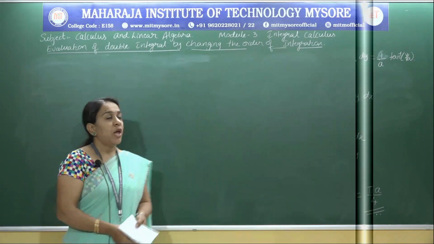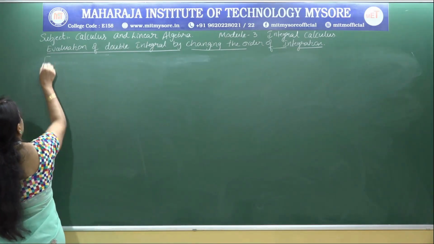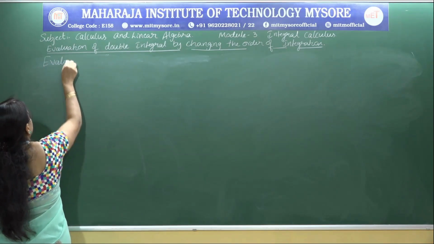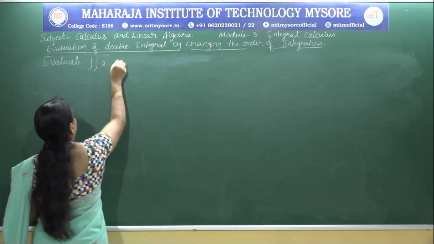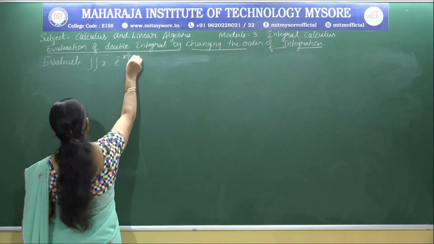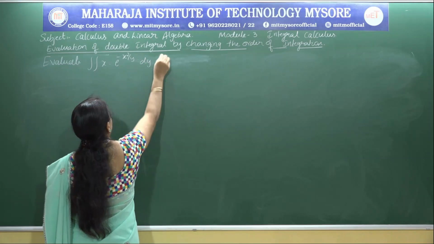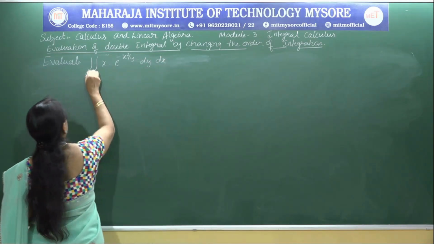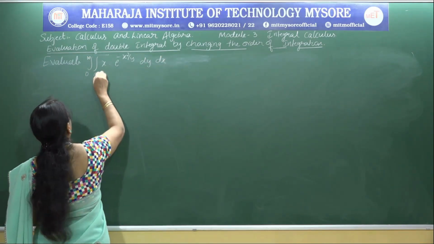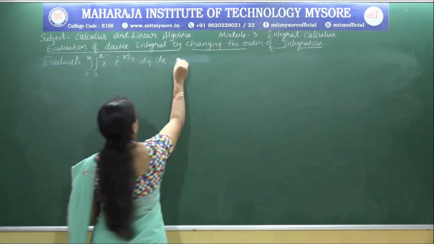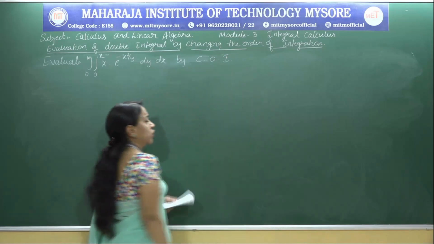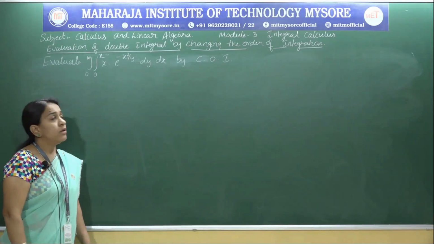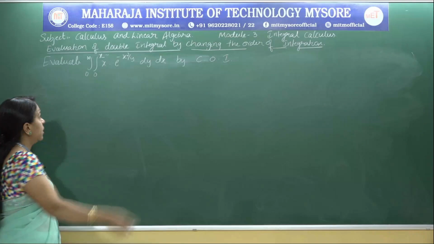Let's solve the next one. Evaluate the double integral of x into e power minus x square by y, dy dx, between the limits 0 to infinity and 0 to x, by changing the order of integration. So consider the given double integral.